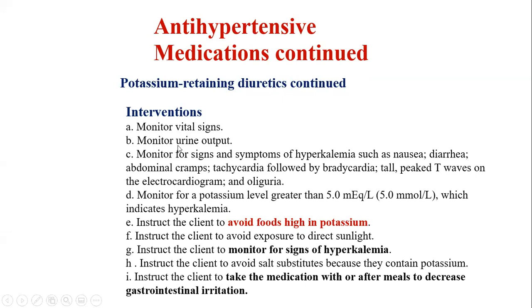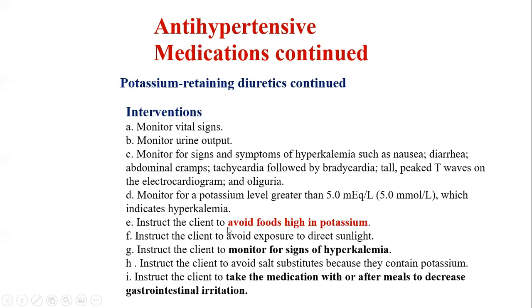Monitor vital signs, urine output, and signs and symptoms of hyperkalemia such as nausea, diarrhea, abdominal cramps, tachycardia followed by bradycardia. On EKG, we see tall and peaked T waves. If the potassium level is greater than 5.0, it indicates hyperkalemia.